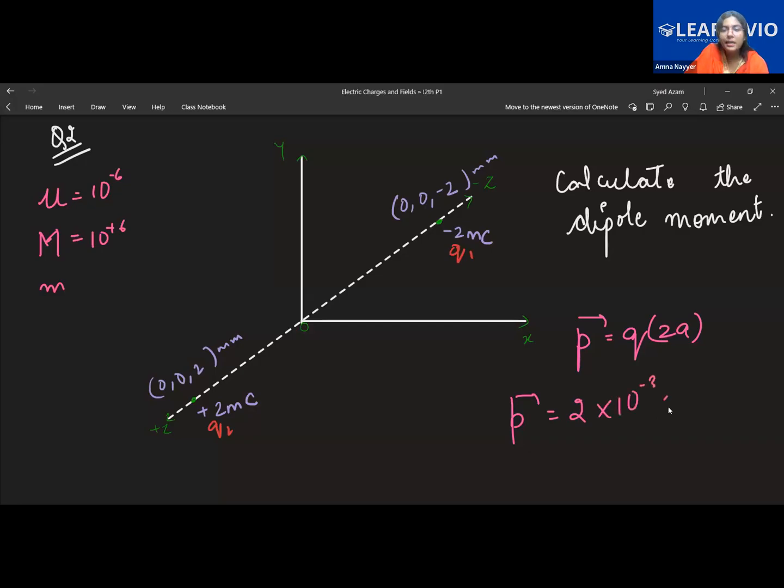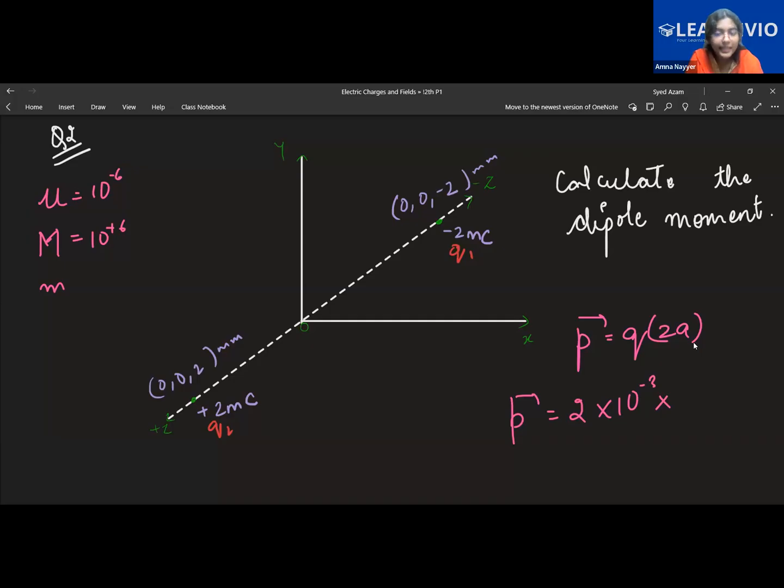Shaima, now can you tell me the distance between these two? 2A, what should I write as 2A? 2 into 10 to the power minus 3. Jesslyn, what do you think? See, 2 is the coordinate.